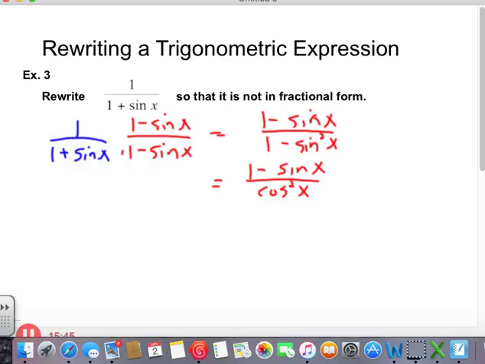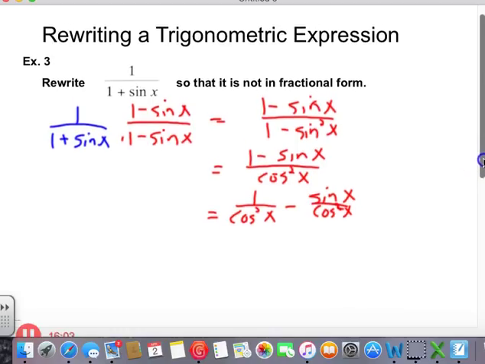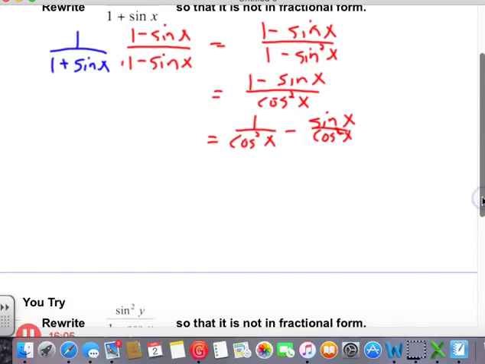That was the whole point of doing that, is to make the denominator only have one term. So now I can split this up into 1 over cosine squared x minus sine x over cosine squared.